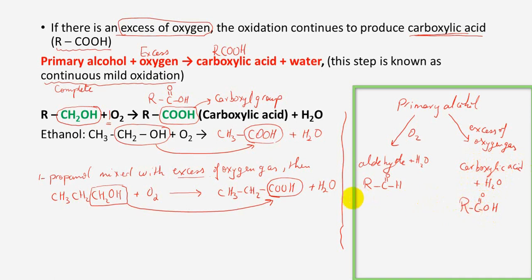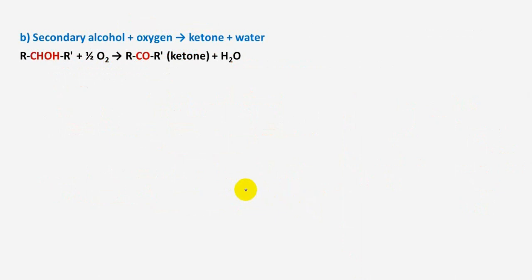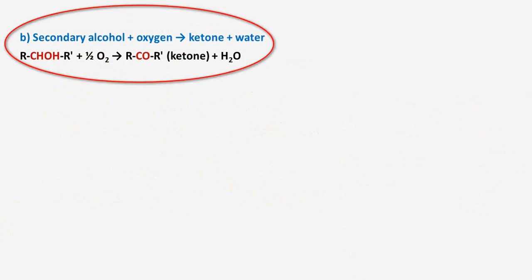For a primary alcohol in this type of reaction, we have two possible products according to the condition of the experiment. If the amount of oxygen is sufficient, it changes into aldehyde. If there is an excess amount of oxygen gas, the reaction will produce carboxylic acid. Whereas secondary alcohol in catalytic oxidation will change into ketone only.